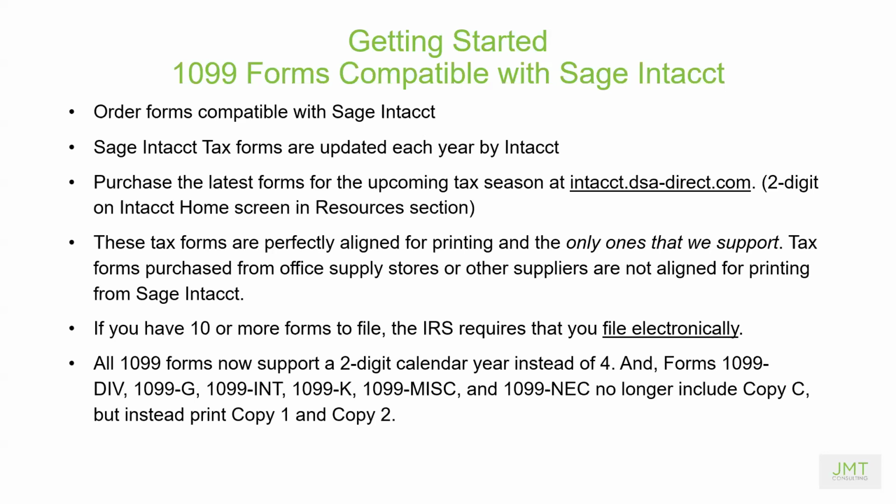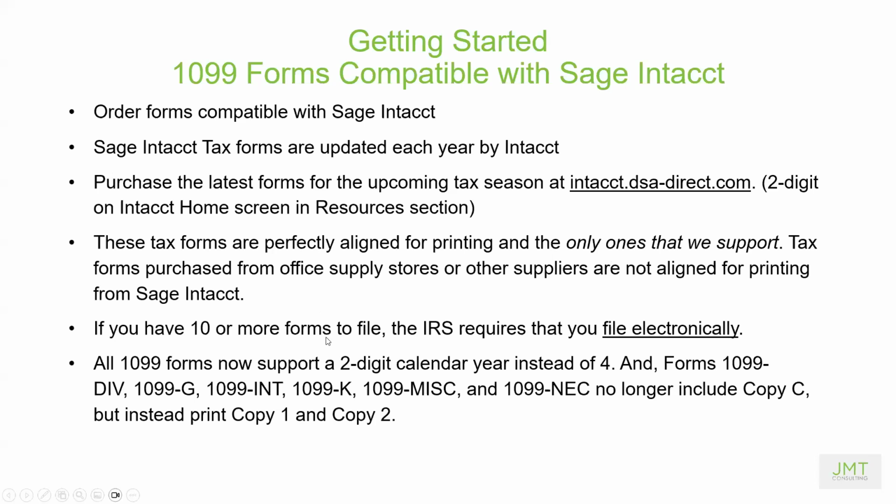They will align. And Sage Intacct makes sure that they are aligned, and they're the only ones that they support. So if you get forms from Staples or something else and they don't quite align, it's not going to work. Sage Intacct will not support those.